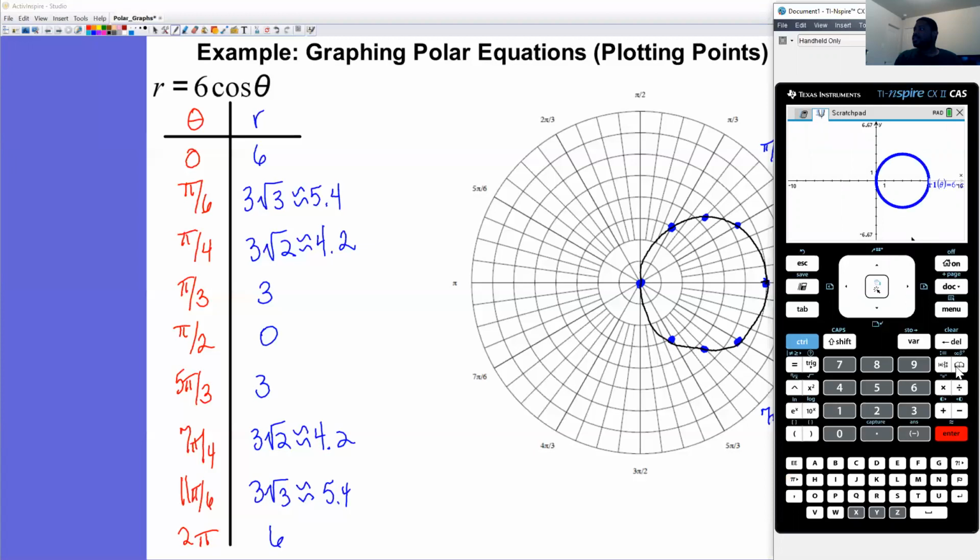I'm going to press enter, and as you can see, we have a circle. Same position, same place, same size. Okay, so we did plot this correctly.